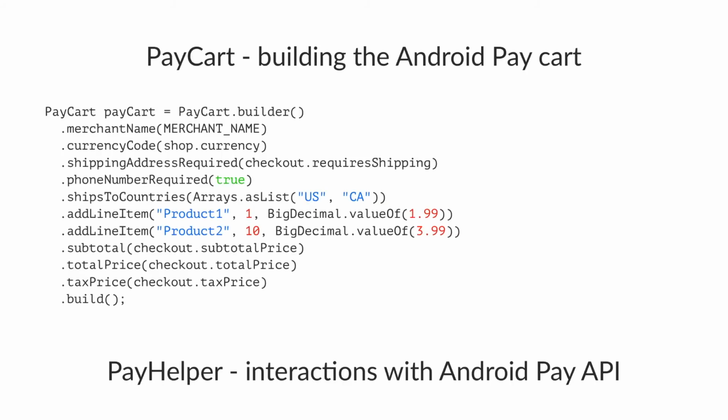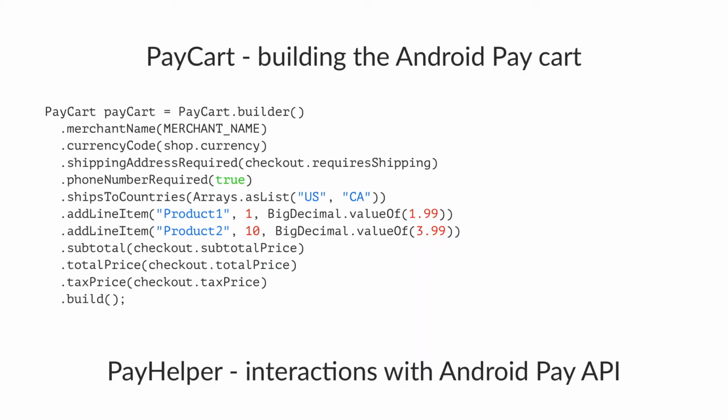It comes with two different components. There is a PayCart component, which helps with building the Android Pay cart. And then there's also a class for PayHelper, which helps with a series of different interactions with the Android Pay API. So you can use PayHelper to check to see if Android Pay is available.